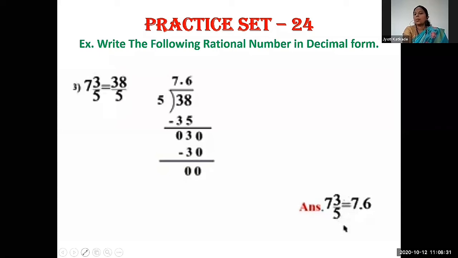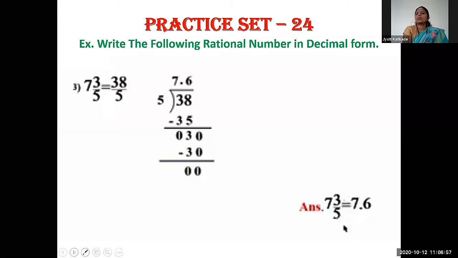When we put a decimal point after 7, then take 0 on the 3. We get 30. Now 5 6s are 30, and when we minus 30 from 30, we get remainder 0.